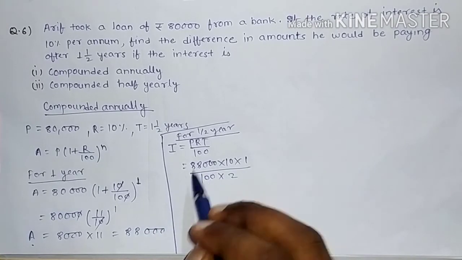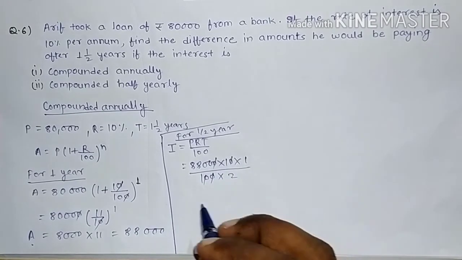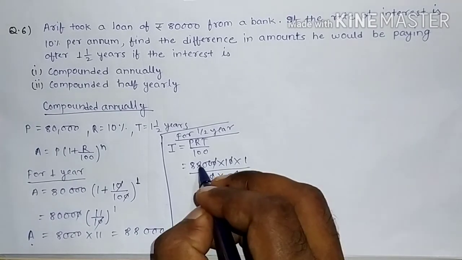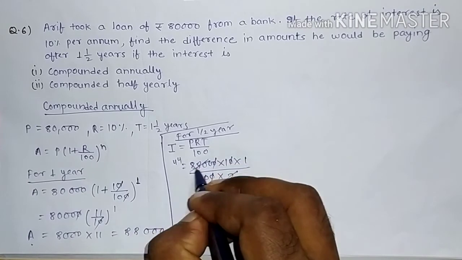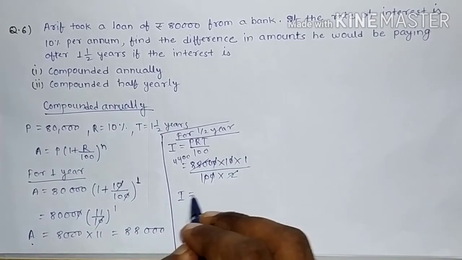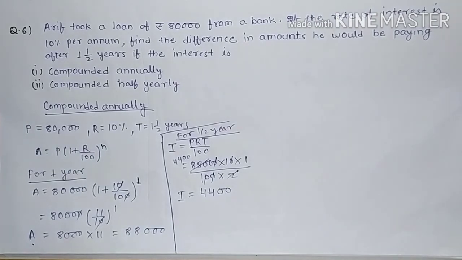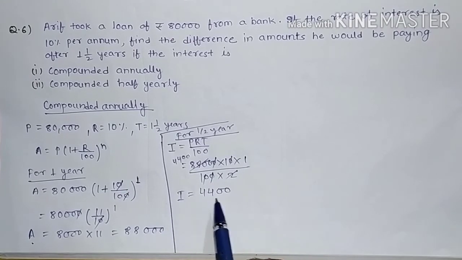Now this is the interest. To simplify it, 0 and 0 cancel out, and 2 fours are 8, 2 fours are 8, and double 0. Now I equals 4400. So the amount for 1 year, that is 88,000, and interest for the next half year, that is 4400.